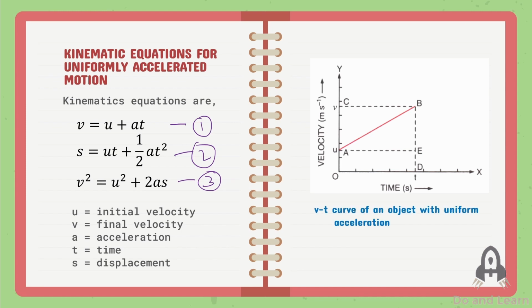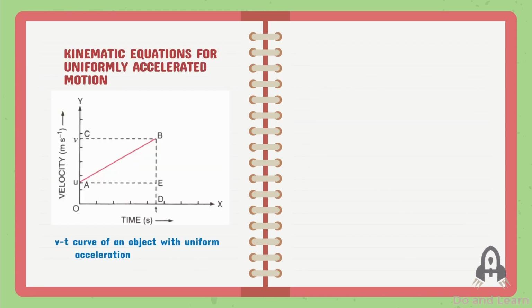You can see a velocity time graph here with uniform acceleration. Let us start. So we know that acceleration is equal to the slope of the velocity time graph. Here the slope is of the curve AB from the graph.